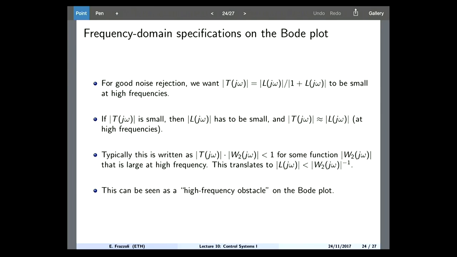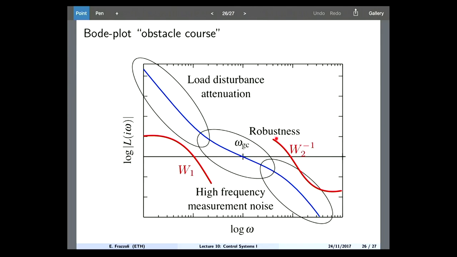And again, this is a high frequency obstacle, something like this, and what I want is my Bode plot to be under this obstacle. Remember, I want high gain at low frequencies so that I get small steady state error. I want very small gain at high frequencies so that I reject noise.